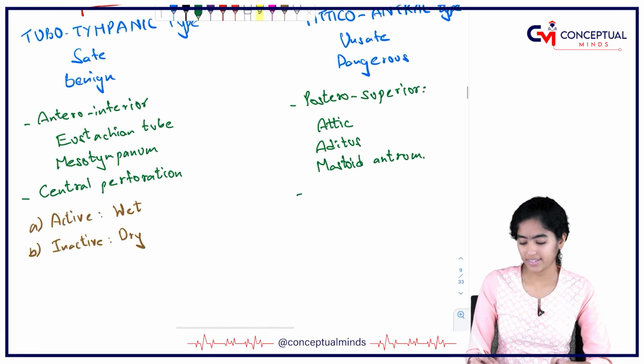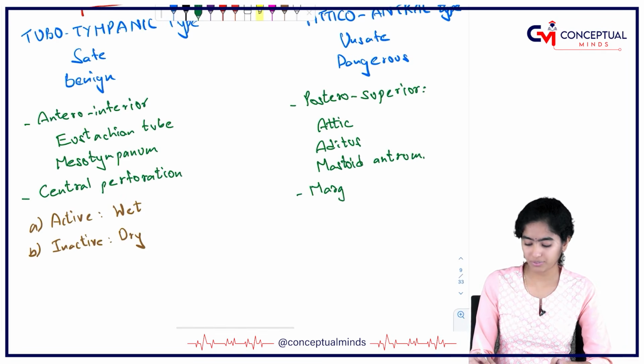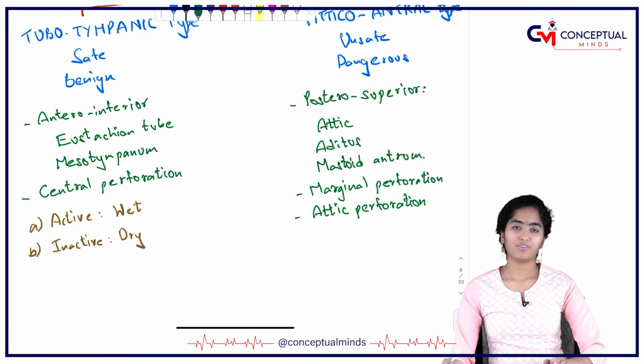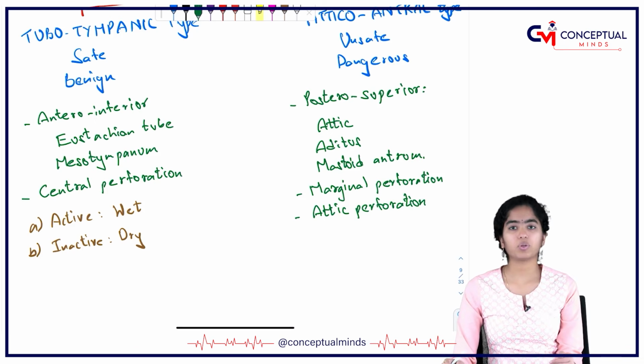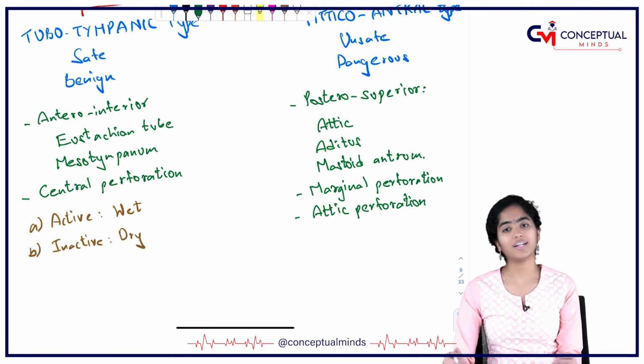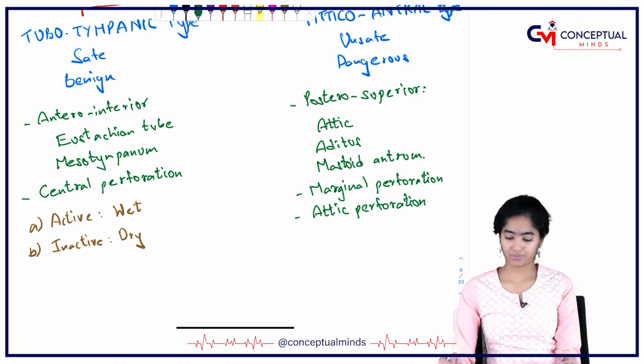And here we see a marginal perforation or an attic perforation, both of which are dangerous. If it is present in the pars tensa, it would be a marginal perforation, and if it is present in the pars flaccida, we call it attic type of perforation.